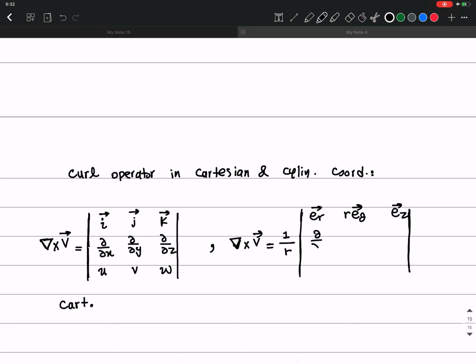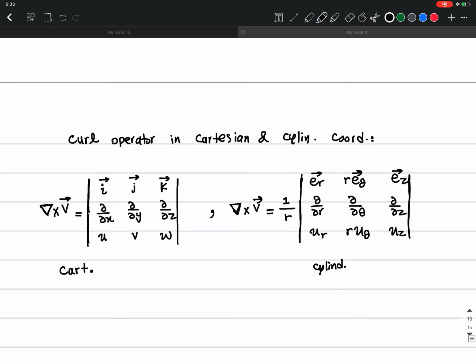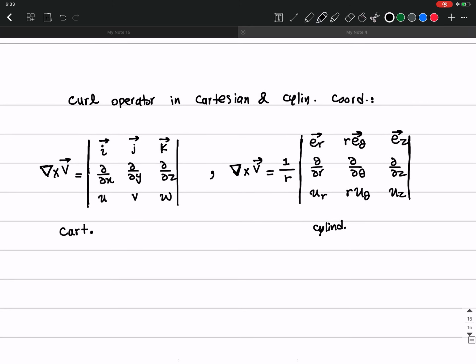Then we have partial over partial r, partial over partial theta, and partial over partial z. And the velocity vectors are ur, r u theta, and uz. So in cylindrical coordinate system, this is going to be the curl operator, okay?